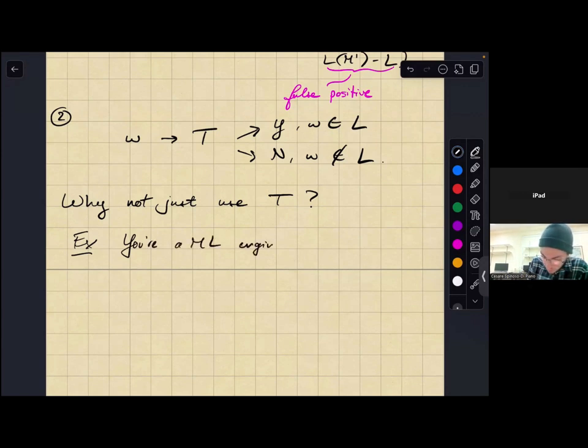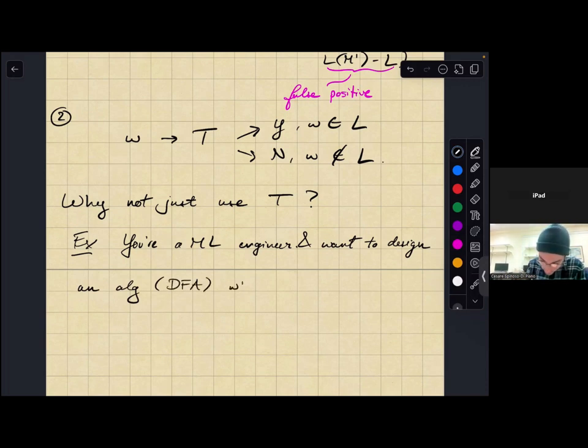Congratulations. You work at, let's say, Google, right? You're a machine learning engineer, and you want to design an algorithm. This is going to be our stand-in for a DFA, so let's be a bit more specific. You want to design a classifier.